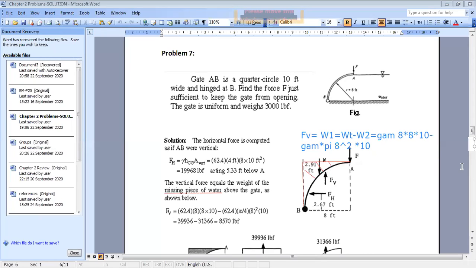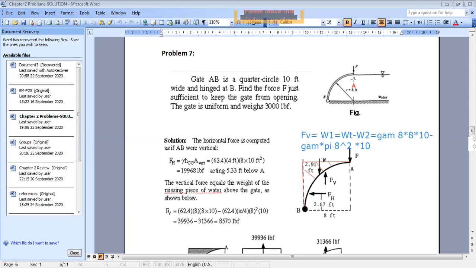Here, look, why should we do this? Because, as you can see here, the fluid is below your surface, so you cannot use another method. If you want to use another method, you can, but you would have to do integration. It's very complex. If you don't want to use the free body diagram I gave you, here you have a distributed pressure.